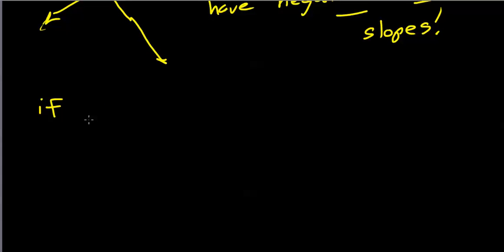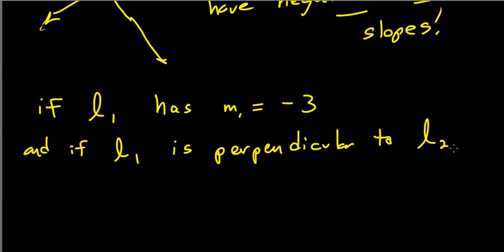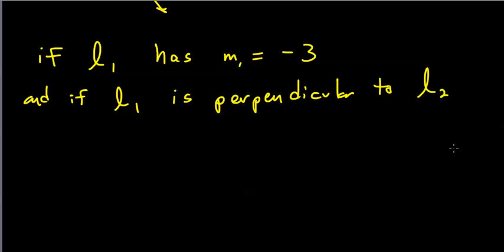If line 1 has a slope of -3, and if line 1 is perpendicular to some other line, I'll call line 2, then line 2 is going to have a slope that's the negative reciprocal of -3.